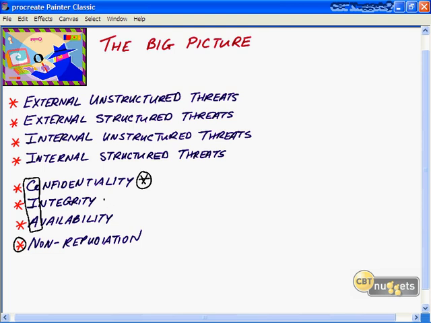Now, data integrity refers to the trustworthiness of data or information resources. In other words, making sure that data hasn't been changed inappropriately, whether deliberately, through malicious activity, or by accident. It also includes origin or source integrity, making sure that the data actually came from the person or component or entity that you expected it to come from, instead of an imposter or instead of someone doing a man-in-the-middle attack.